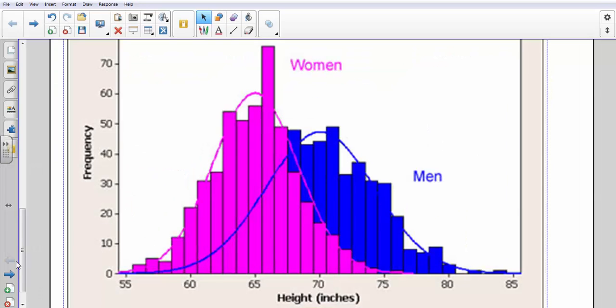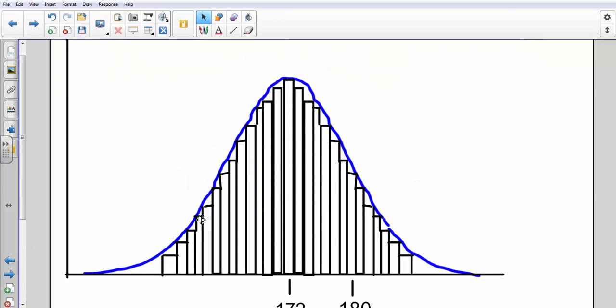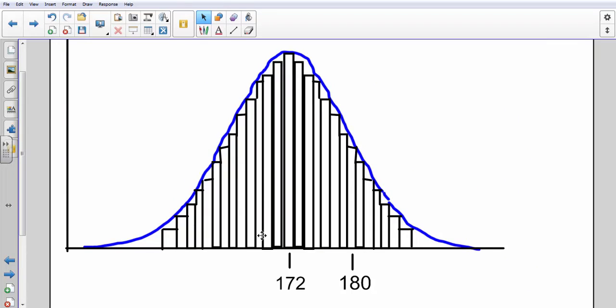Okay, so kind of going back to this concept, this is a diagram that's sort of skewed towards those high school students, the 172 is the mean, and we're really asking where is this 180? So it's somewhere in this neighborhood here.